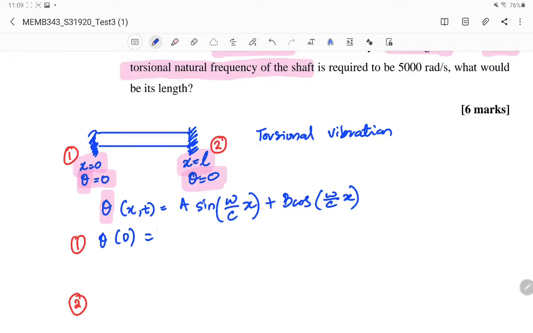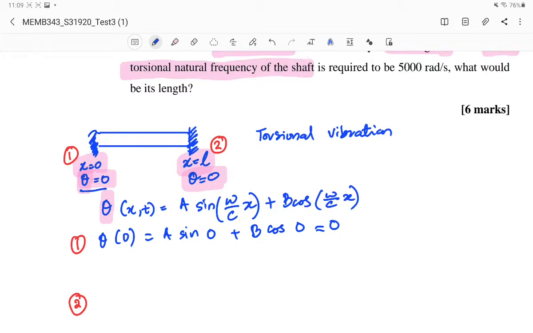Then you substitute. Basically here you have a sine. I'm working out from the left hand side, boundary condition 1. Your x is equal to 0, so a sine 0 plus b cos 0 equals 0. Why equals 0? Because we are using this boundary condition: at x equals 0, theta equals 0.